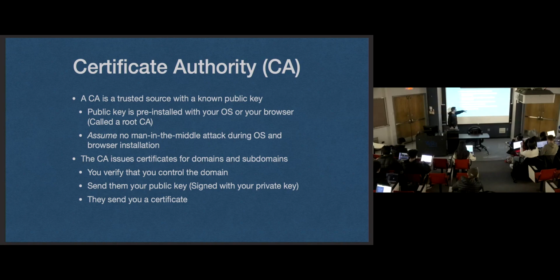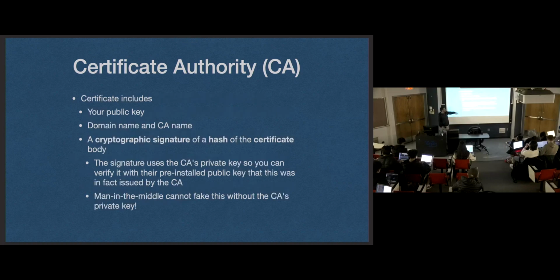And then they're going to send me a certificate, which is my public key. That's really what we want. The certificate is going to be the public key. It's going to contain it at least, the domain name that public key is verified for, the name of the CA that signed this certificate, and then the signature of that CA. They're going to have a cryptographic signature of a hash of the certificate.